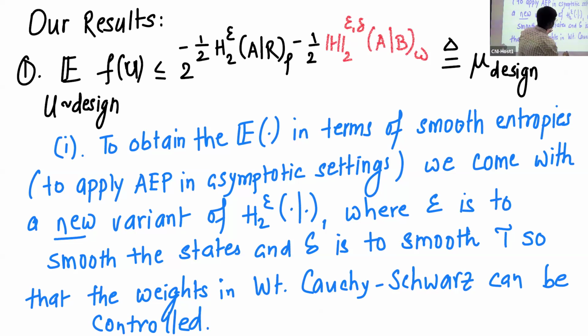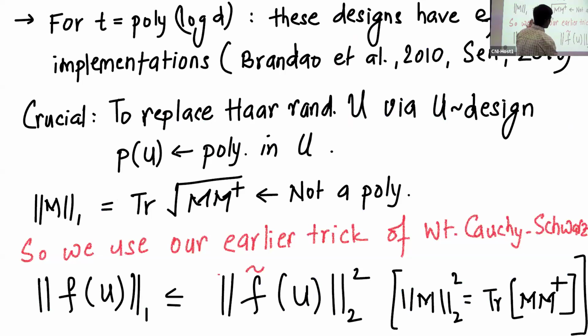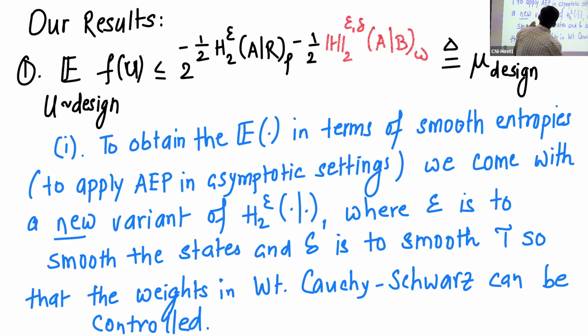So this was another result in this work: one cannot just use the good old smoothed version of the conditional 2-entropy and compute the expectation in terms of the smoothed entropy. So we need to define a new variant of this, and this is essentially defined by shaving off the smaller eigenvalues of the weights in the Cauchy-Schwarz. So this is the main technical thing.